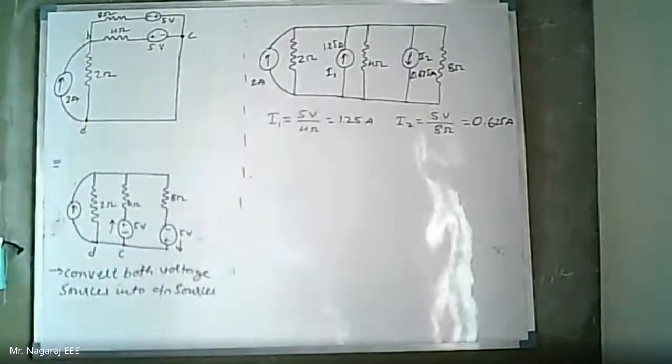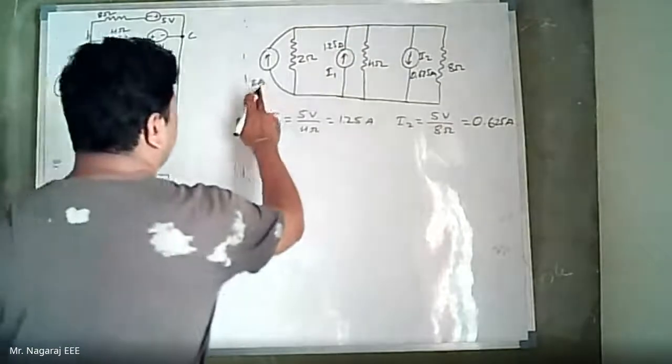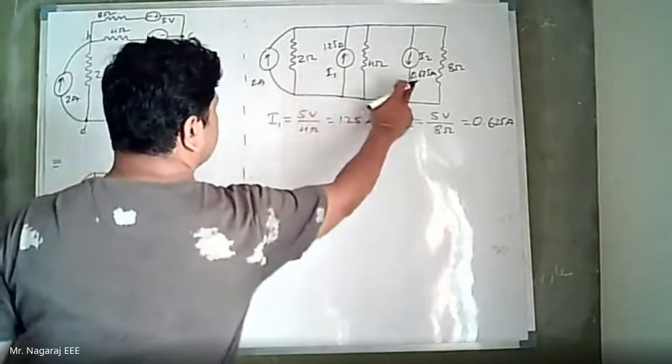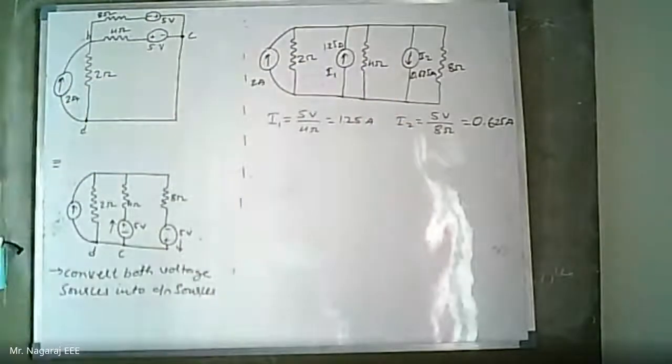Now both current sources are in opposite directions. I can take the equivalent current source of 2 amps, 1.25 amps, and 0.625 amps.